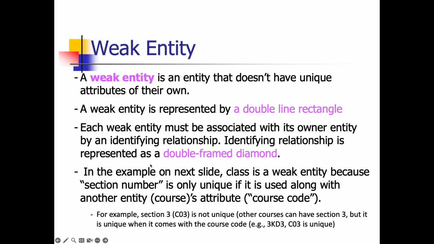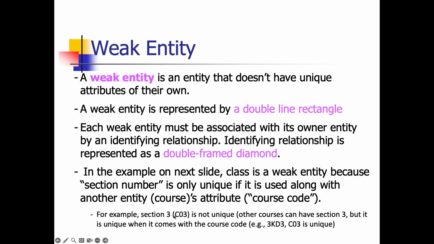In the example that we are using in the next slide, a class is a weak entity because section number is only unique if it is used along with the course code. So we can say the course code and the section number, something that together you can identify.